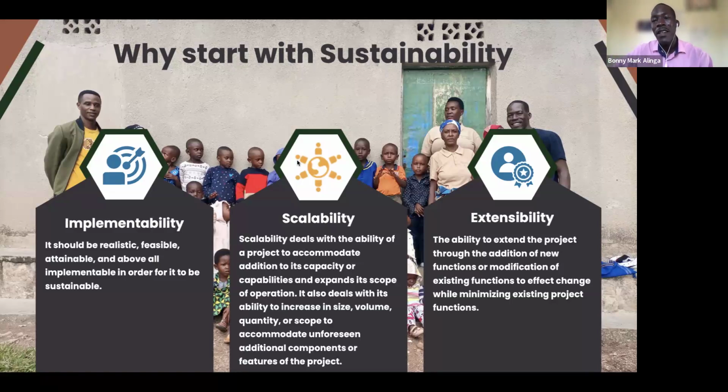Scalability. Every sustainable project, look through the scalability. How will I scale it up from this level to level B, to level C, to level E, up to Z? How? Now, scalability of that project deals with the ability of the project to accommodate and have the capacity to expand beyond the scope.